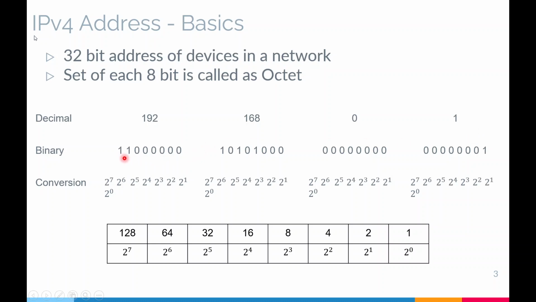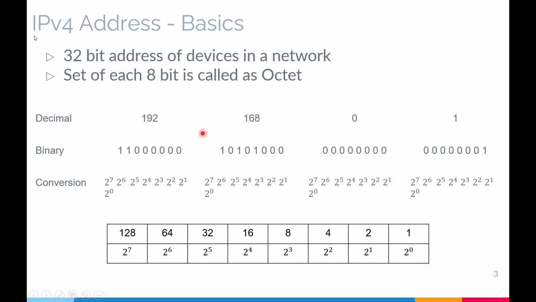The binary conversion of each part is 8 bits in length. So there are a total of 4 parts and each part is 8 bits, and 8 times 4 turns out to be 32. That is the reason an IP address is a 32-bit address. Each part of 8 bits is called an octet.